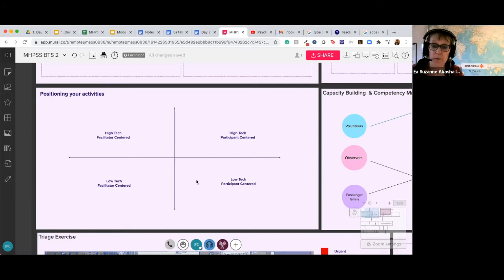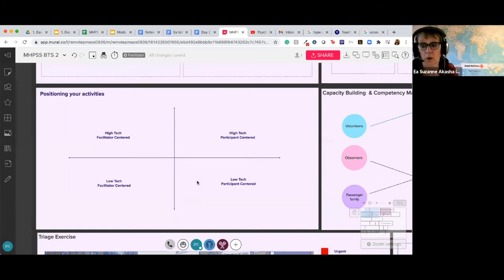Or you can do it differently, because the same material is also designed so that a trainer can do it, so that you can do it in your own language, you can translate it, you can speak it over phone, and then you can ask people to do the exercises. So when we designed it, we had both options in mind.